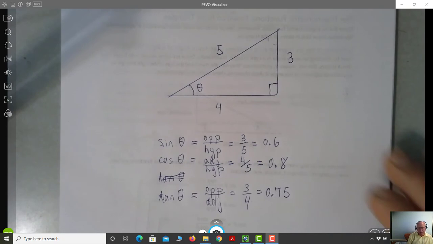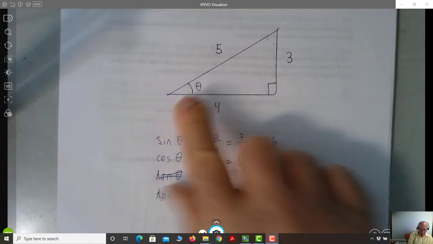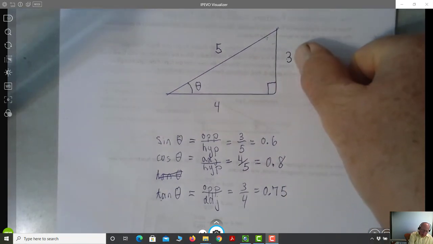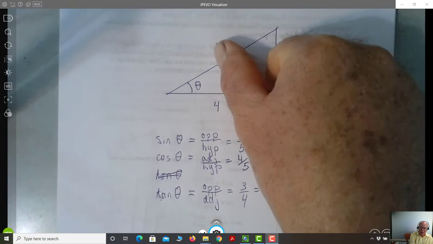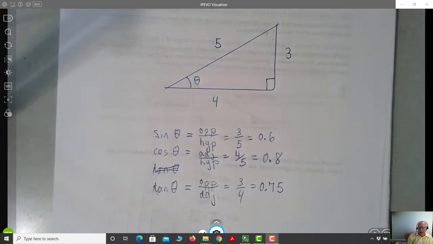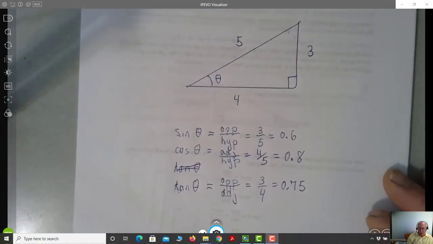We know, for instance, that if you have a 30, 60, 90 right triangle, if this were 30 degrees and that were 90 and that were 60, then this side would be half the length of the hypotenuse, and this side would be root 3 over 2 times the length of the hypotenuse. But with a 3, 4, 5, we actually don't have all that information.